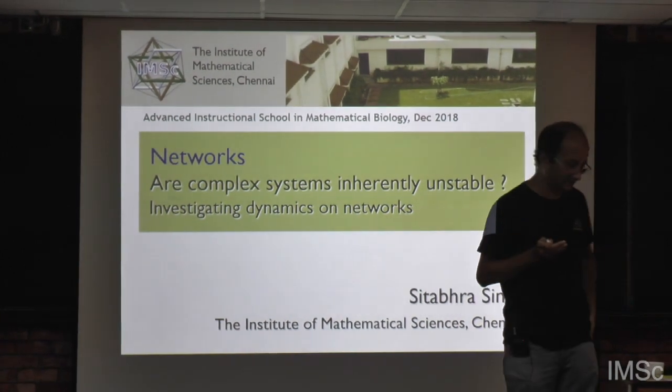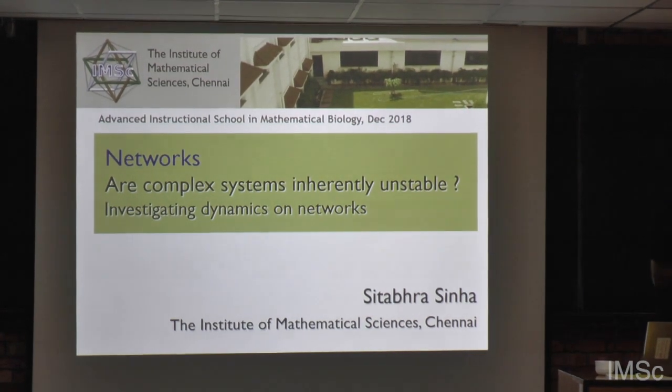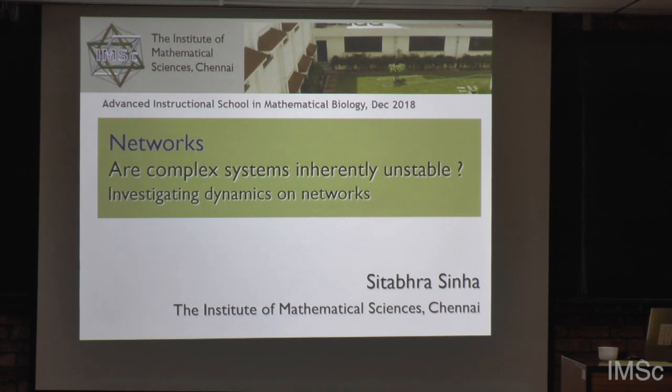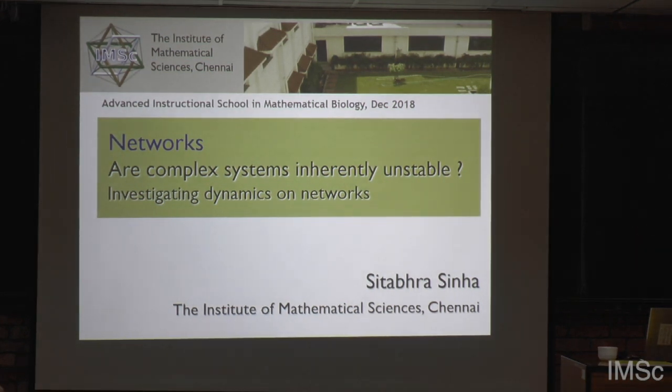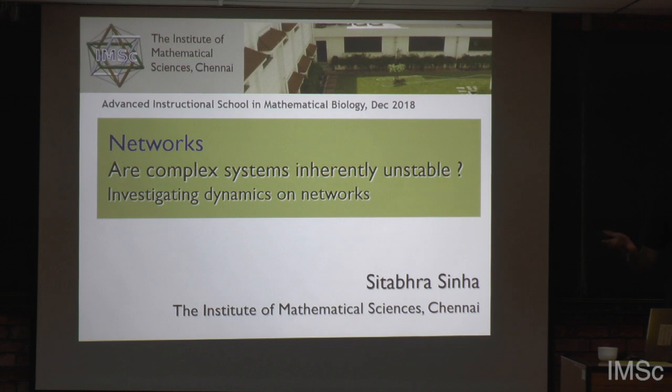So far in whatever I've spoken about, I've barely touched upon the question: once you have a network, then what? You can look at these interactions, but you're not really looking at the functional aspects of the interaction, or what it is actually that these interactions do to the system.